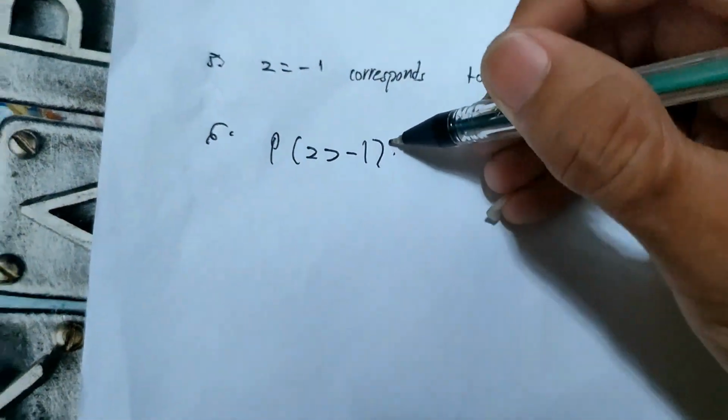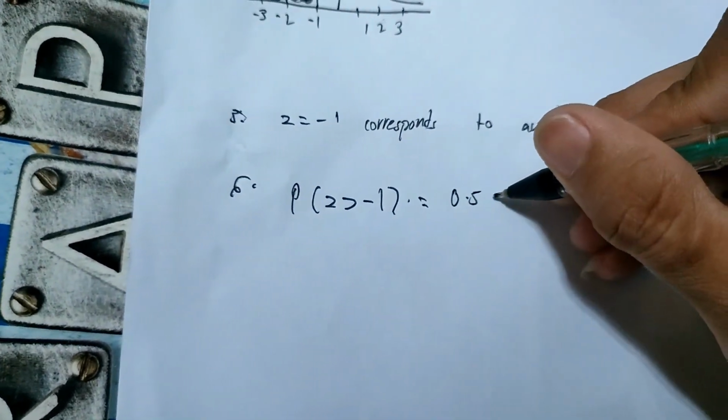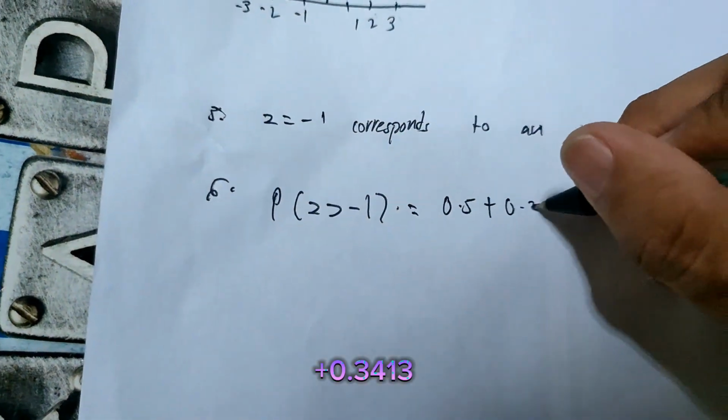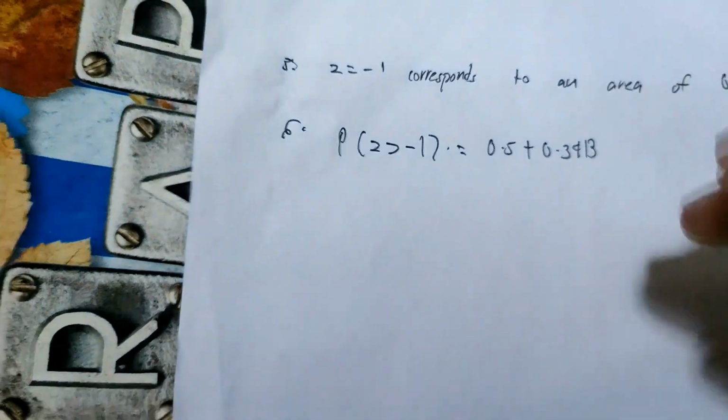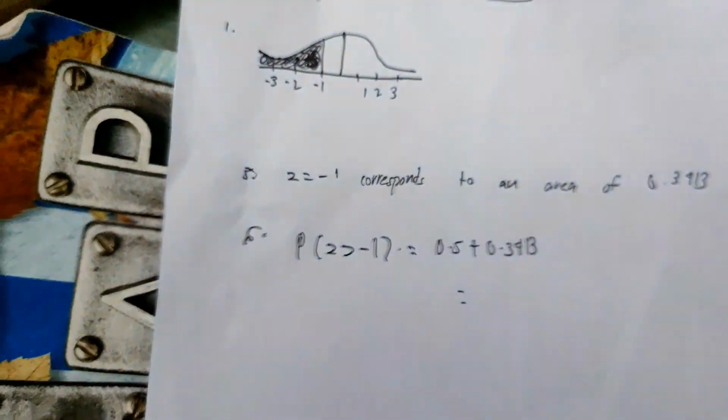So 0.5 plus 0.3413. We are going to use our calculator.